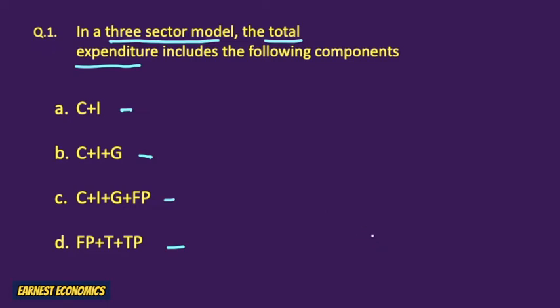Now, what we need to focus upon in this case is the product market, or the demand for the business sector. What are its sources? One source is the household sector, which does consumption expenditure to purchase goods and services.